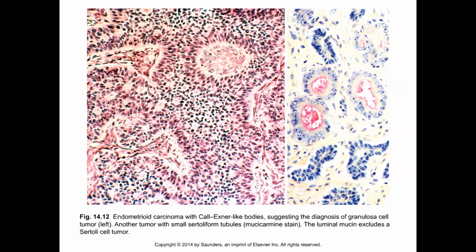Here's another example of this sort of potential confusion with a more glandular pattern, potentially mimicking a Call-Exner body type of pattern. The mucin, however, is distinct from what you'd expect or find in a granulosa cell tumor. So that's one very simple way to rule that out if it's a consideration.